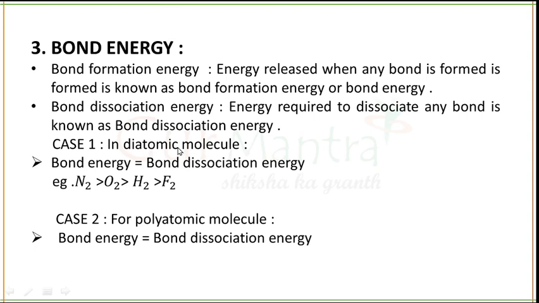While bond dissociation energy is the energy required to break any bond between two atoms. Case 1: in a diatomic molecule, or case 2: in a polyatomic molecule, bond energy is equal to the bond dissociation energy.